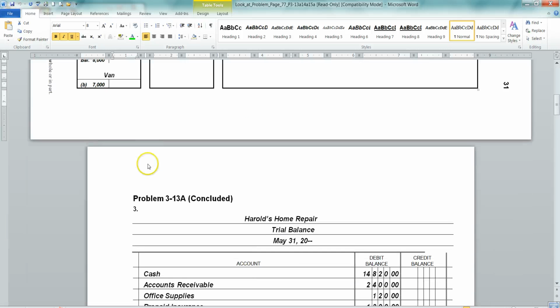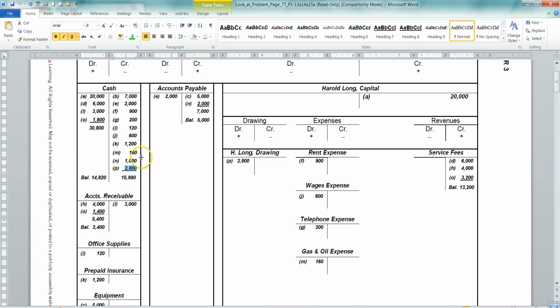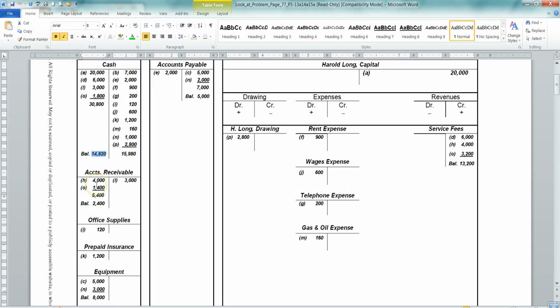Next, what's required is to do a trial balance. So we must total up our columns. First, we're going to total the debits and credits, and then determine whether it's a debit balance or a credit balance. Since our debits are a larger number than our credits, we have a debit balance for cash of $14,820.